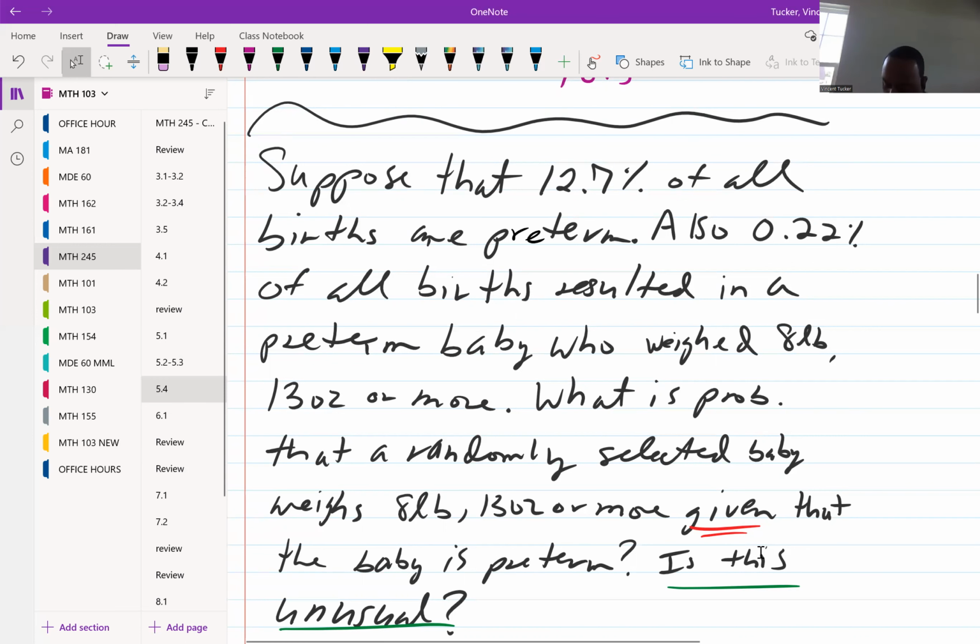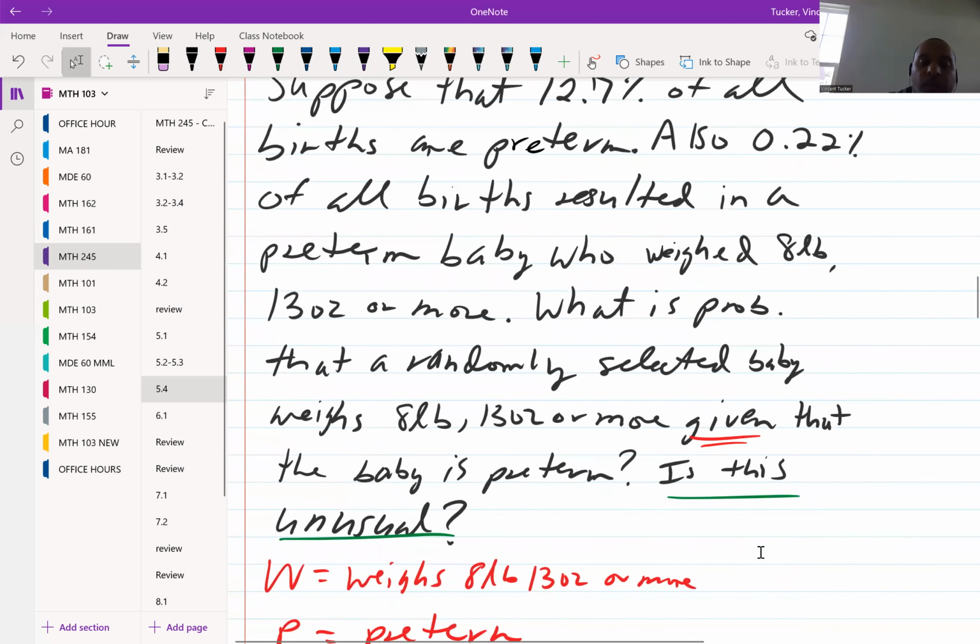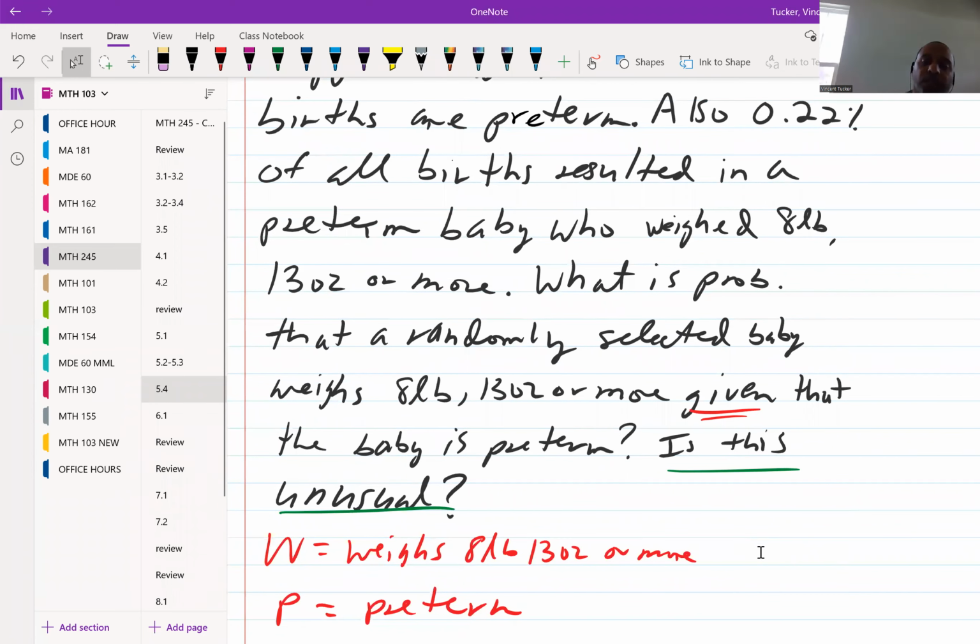All right. So gonna call W weighs 8 pounds, 13 ounces or more.